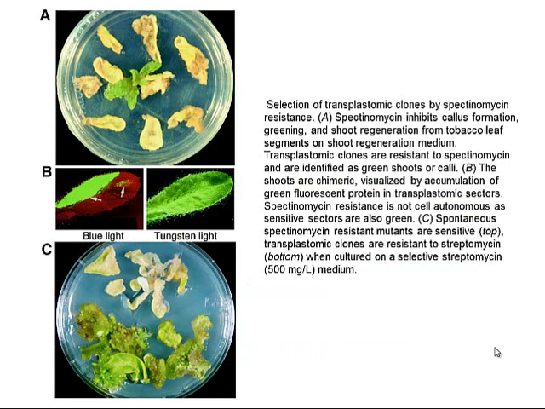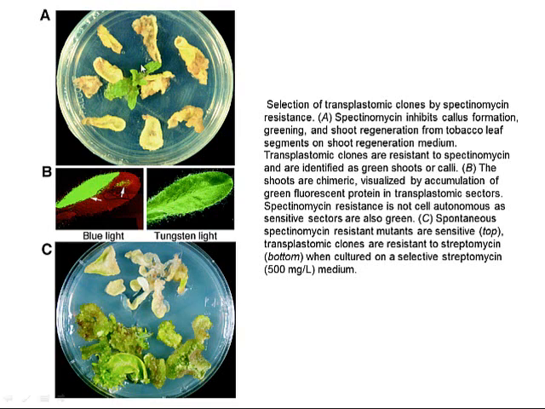And this is an example of selection of transplastomic clones by spectinomycin resistance. So we've bombarded a whole load of leaf strips and we're getting the gene expressed.